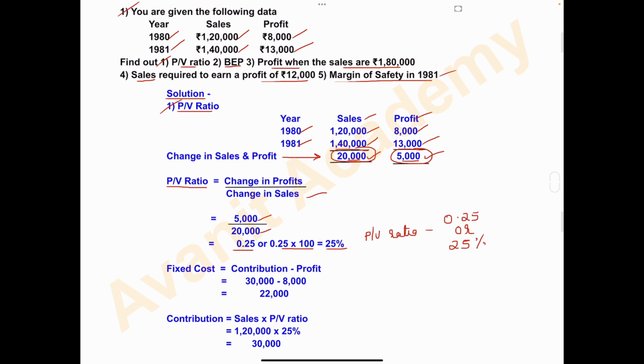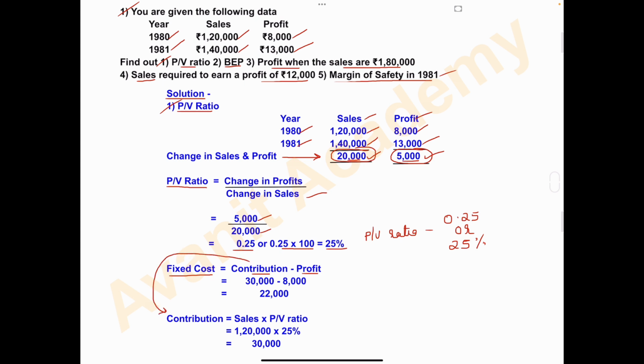Next, we have to find out fixed cost and contribution. To calculate BEP, for that we require fixed cost and contribution. To calculate fixed cost, the formula is contribution minus profit. Contribution is not given in the problem, so first we have to calculate contribution.